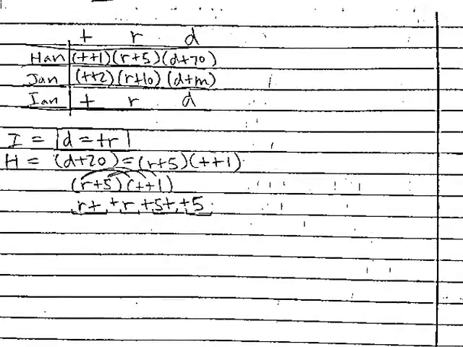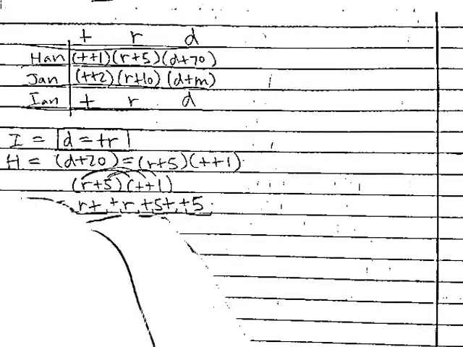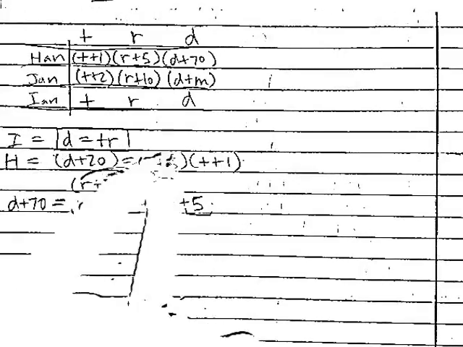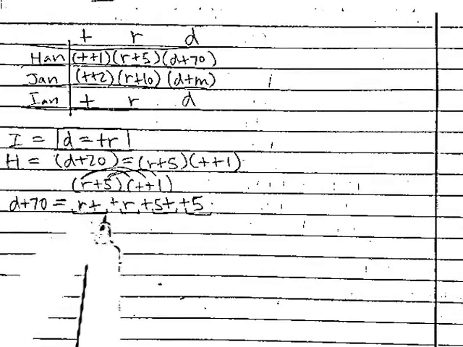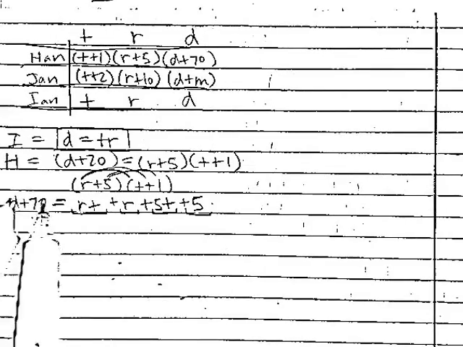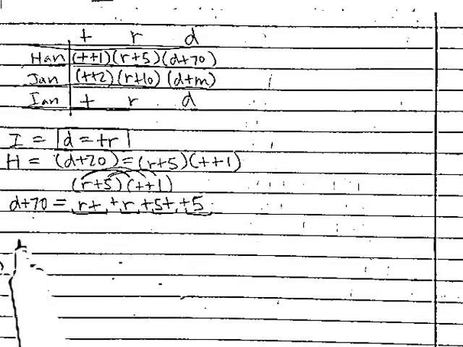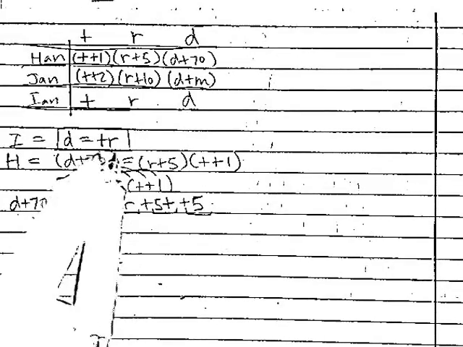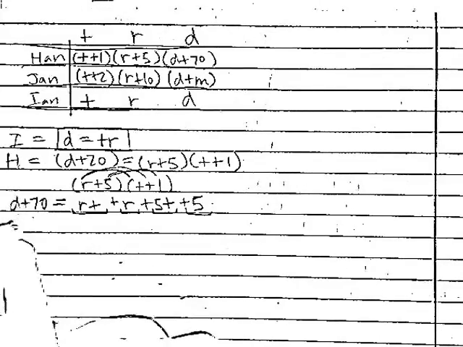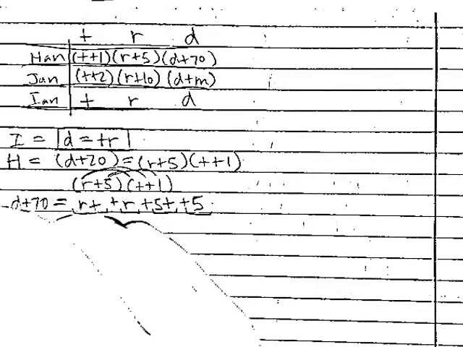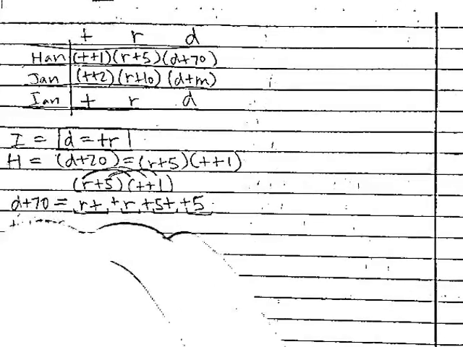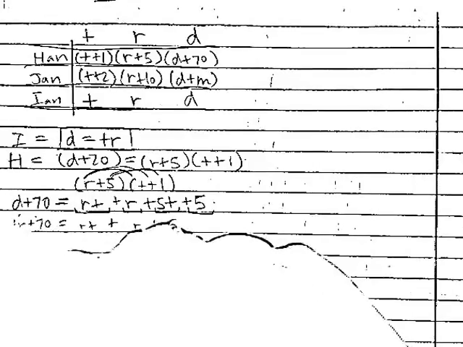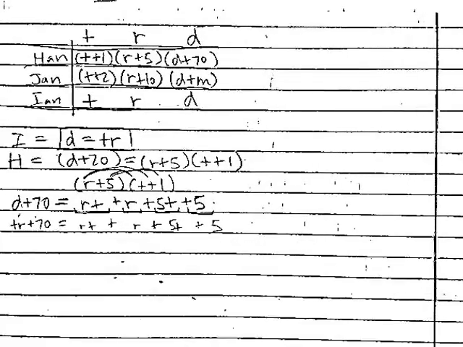There, I hope that's easier to see. This equals d plus 70, because all I did was multiply these together to get this. And we know that d equals tr. So I can substitute d for tr, so tr plus 70 equals RT plus R plus 5T plus 5.